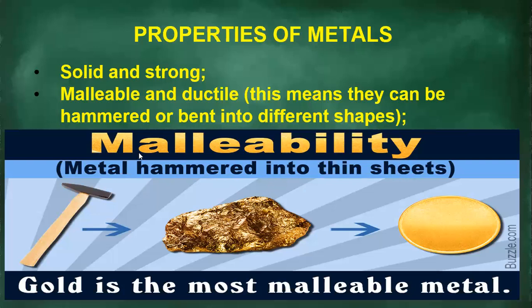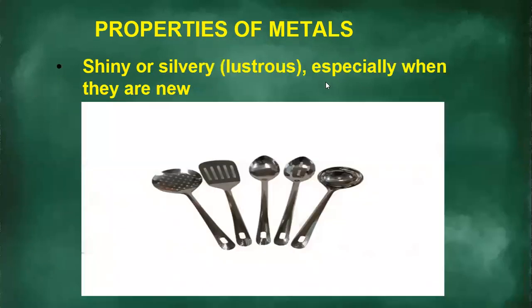Another property that we're going to talk about is how solid and strong they are and how ductile they are. So let's continue. Okay. So other properties of metals refer to how lustrous, or shiny and silvery, the metals are.